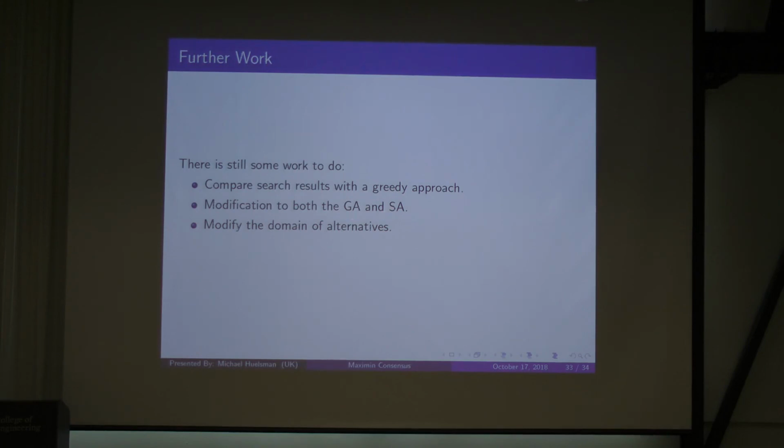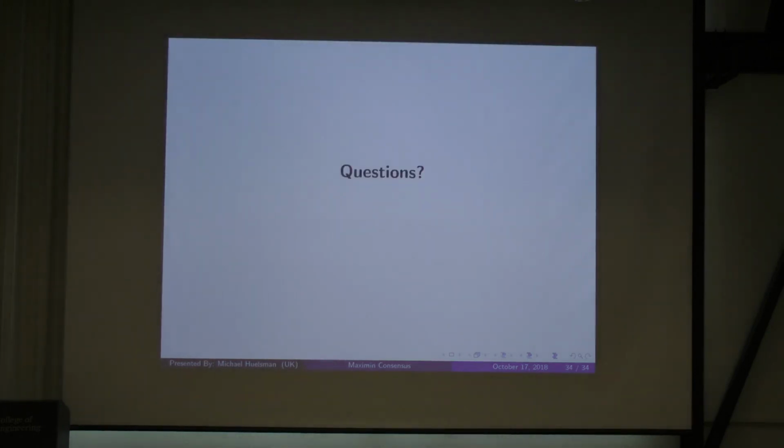And then we're also looking into modifying our heuristic search and seeing further modifications to the domain of alternatives. So more options per attribute, more attributes, right? So again, extending it to, let's have 18 different things rather than just 10. And that would be all I have.